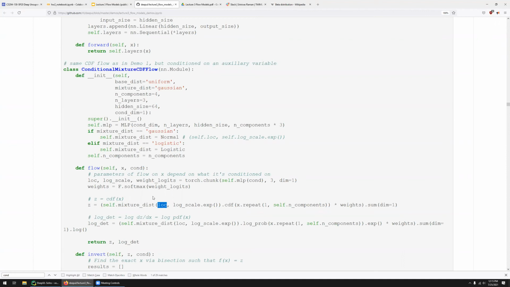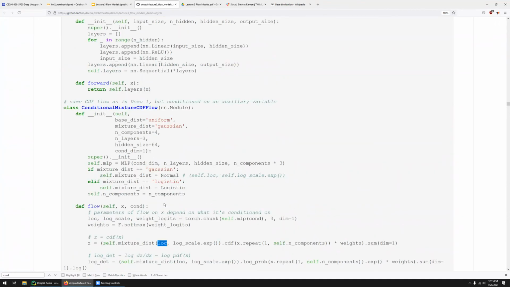Yeah, sorry, if you go back up, what is the loc returned as from the MLP? The log scale and weight logits. Right, but that's a chunk of the MLP conditional 3dim1.